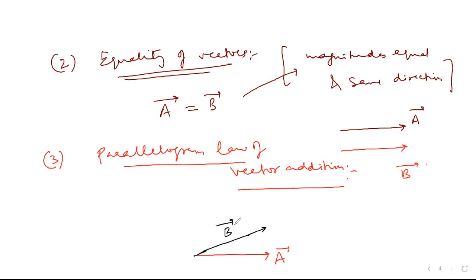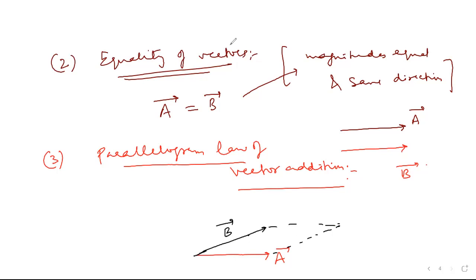What I do, I join their tails. First, I represent them graphically in accordance with the rules. I join their tails, then I complete the parallelogram. I complete the parallelogram like this.